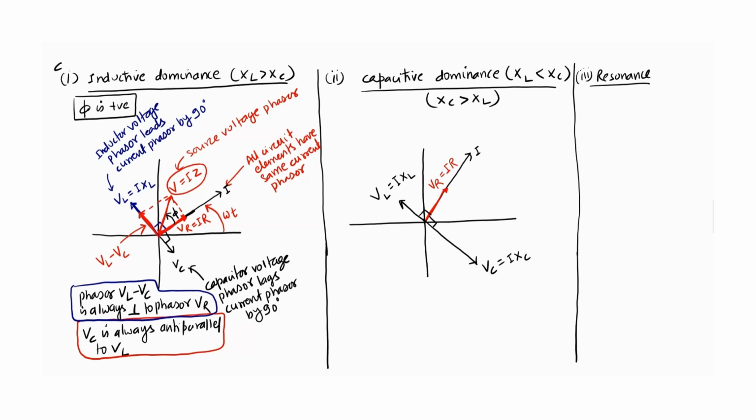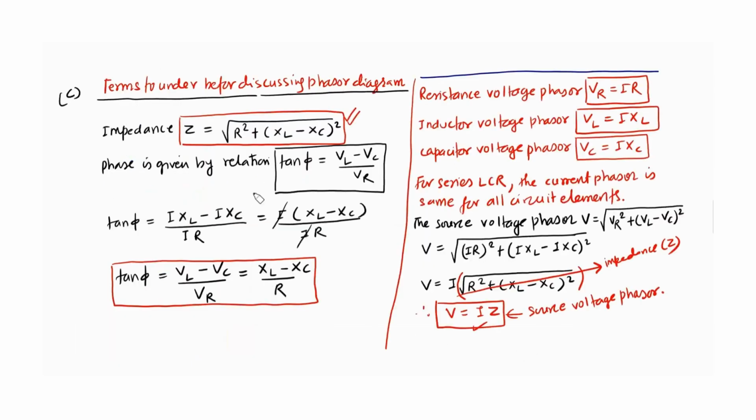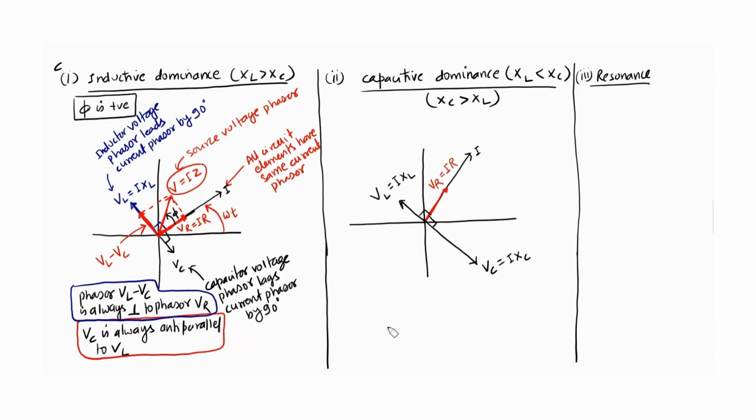Now we need to find the difference VL minus VC. So this gives the difference VL minus VC.